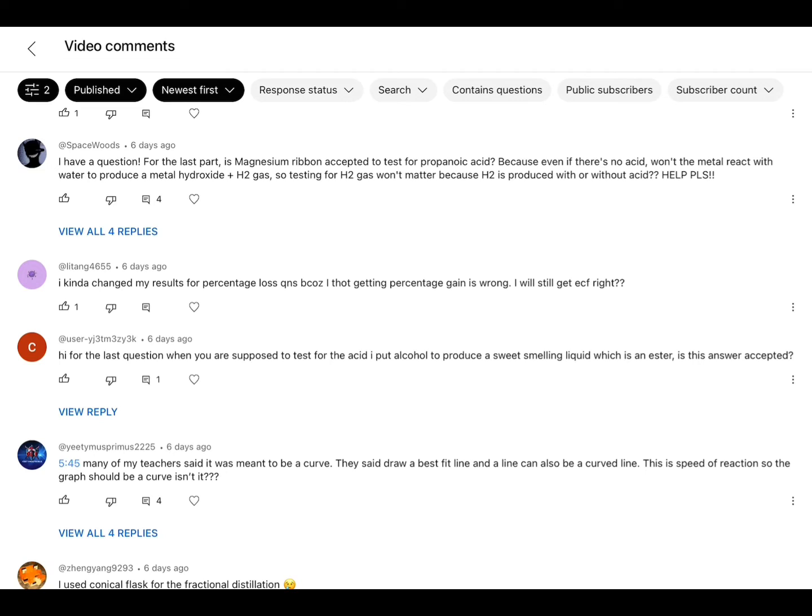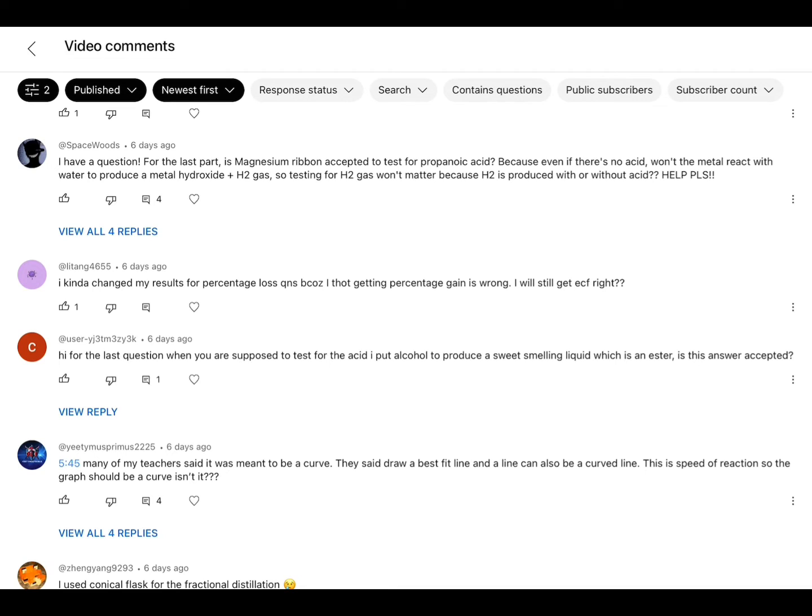So if there were no water present, or if the setter intended for this context of the question to have no water present, then the only correct answer would be adding an aqueous carbonate, for example aqueous sodium carbonate, so that there's water present.